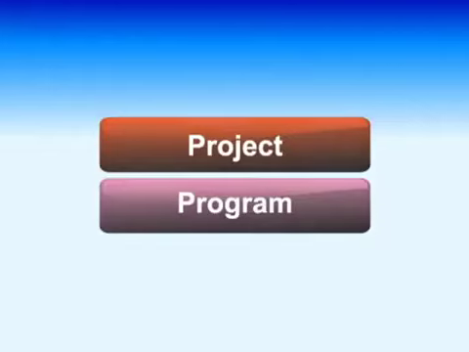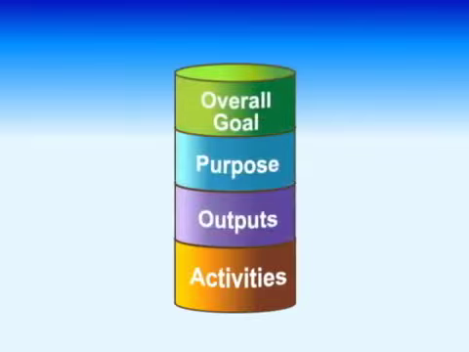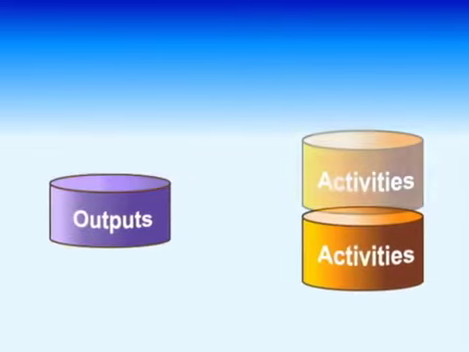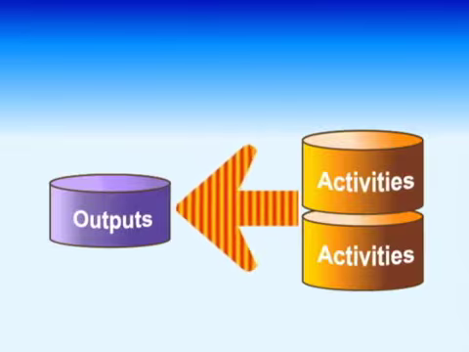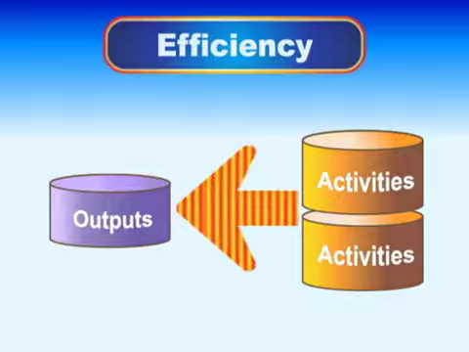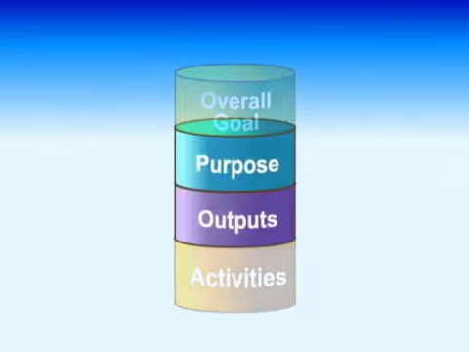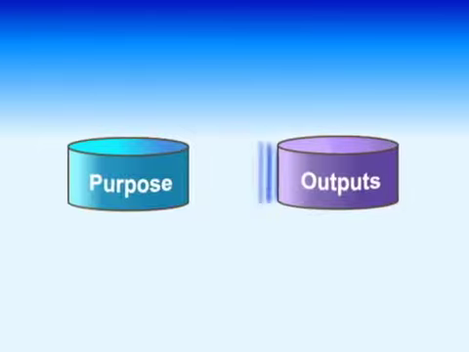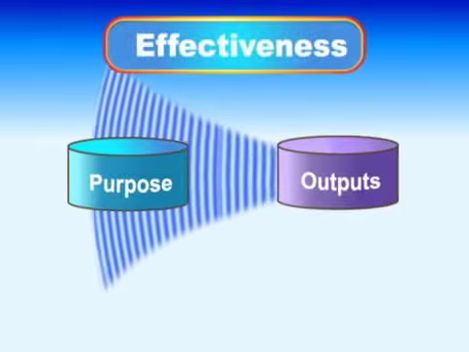A program or project has activities, outputs, purpose, and overall goal. How efficiently was the activity reflected or led into outputs? Efficiency is evaluated from this aspect. How much useful is the output to achieve the project purpose? Effectiveness is evaluated from this aspect.